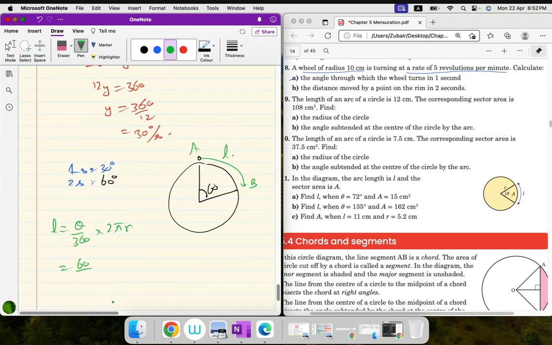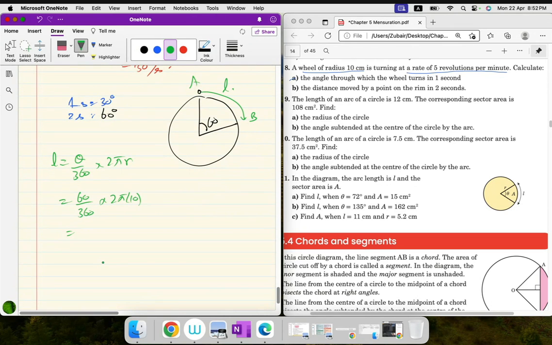Angle covered is 60 in 2 seconds, 360 into 2 pi, and radius is given as 10. With the calculator, 60 by 360 into 2 into 10 gives me 10 by 3 pi, which is 10.47 or 10.5 centimeters.